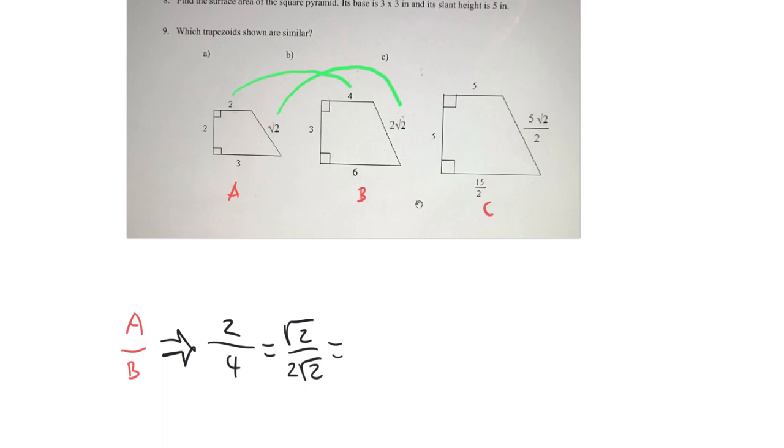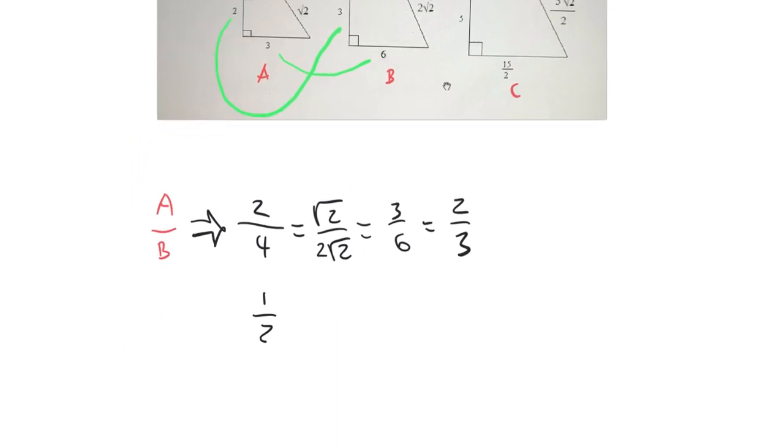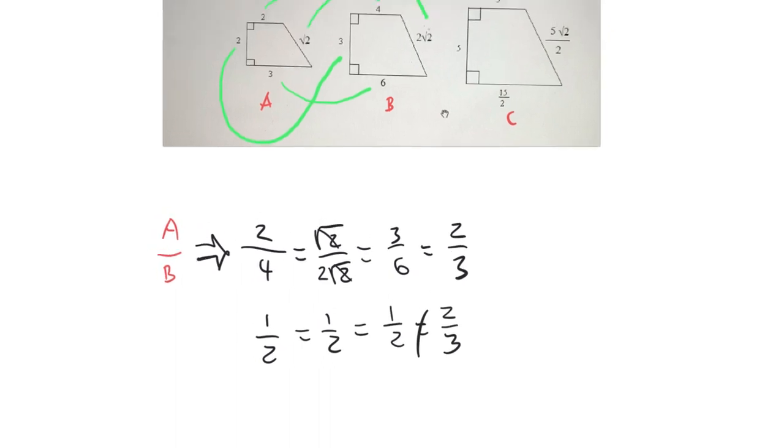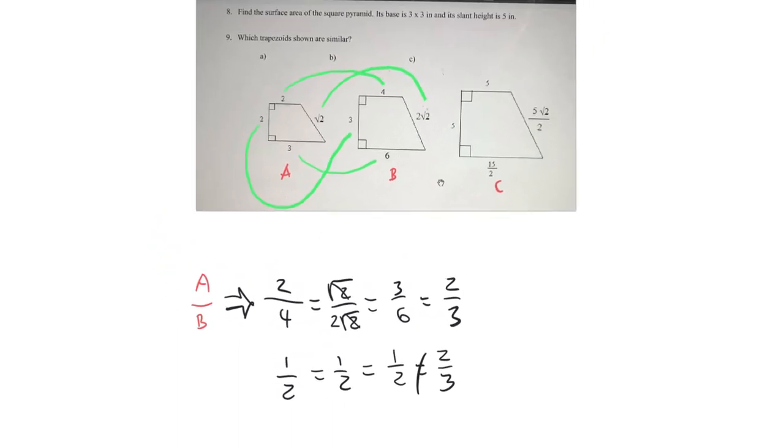And does that equal 3 over 6? And does that equal this 2 over 3? So that's the question. Well, 2 over 4 is certainly 1/2. These would cancel, leaving us with 1/2. 3 over 6 is 1/2, but the problem is 2/3 is not equal to 1/2, so therefore A and B are not proportional.